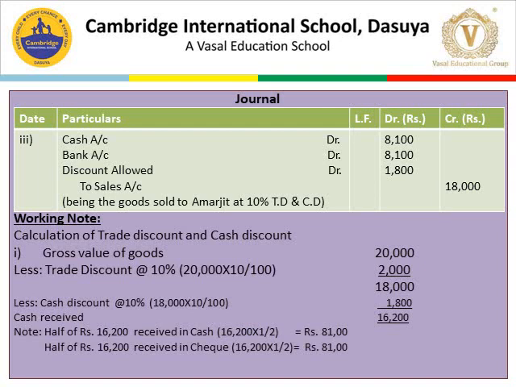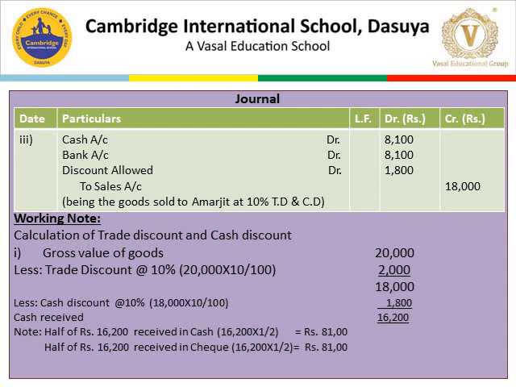So the journal entry is: cash account debit 8,100, bank account debit 8,100, discount allowed account debit with 1,800, to sales account 18,000.